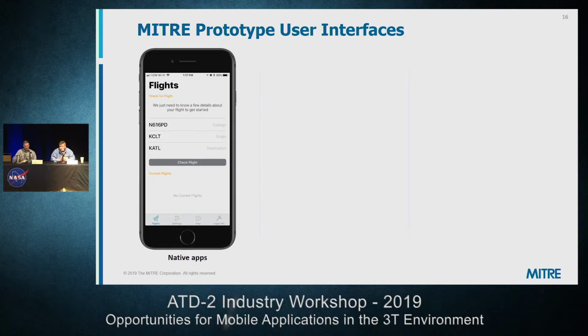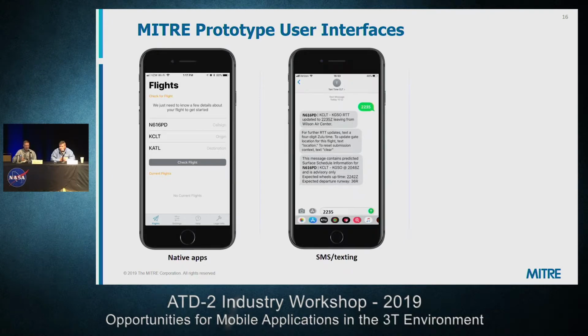So that had us kind of going back to the drawing board a little bit to figure out, well, what are some other ways that we could explore getting this information that doesn't have some of these same restrictions. And so we went in terms of complexity to the completely opposite end of the spectrum and said, what if we could just do basic texting? This would work on any phone, even a flip phone that's not even a smartphone.